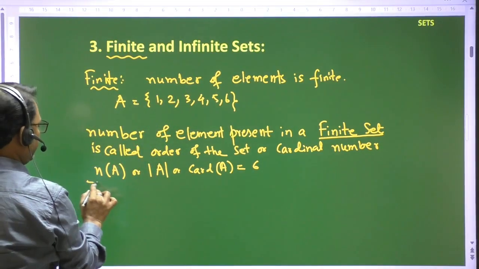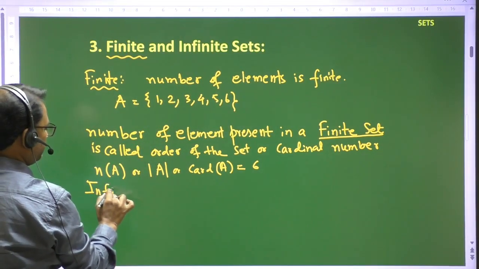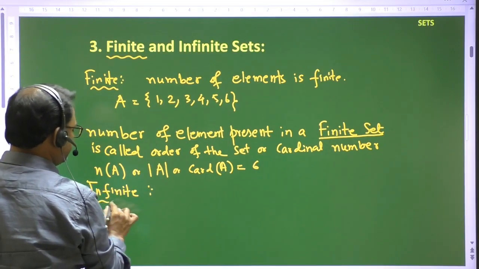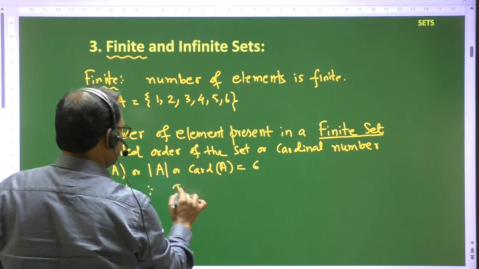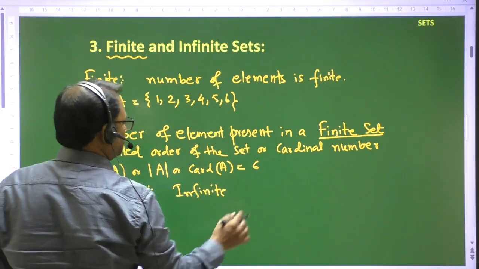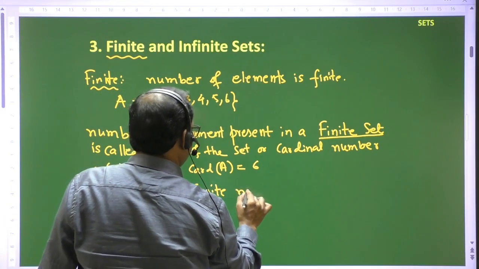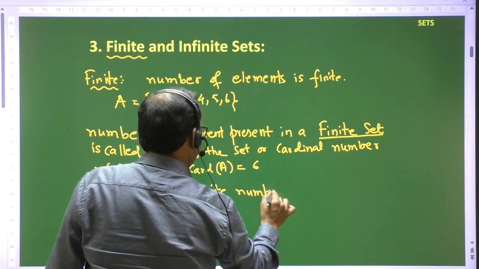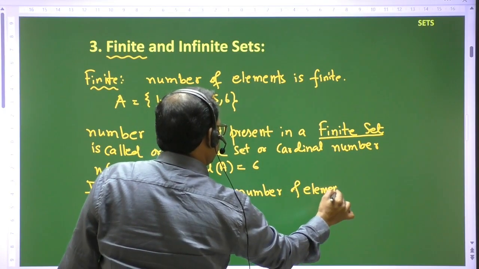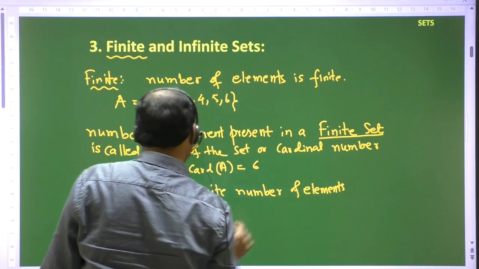So what is an infinite set? An infinite set is a set which contains an infinite number of elements. So the number of elements is not finite; infinite number of elements are present in the set.